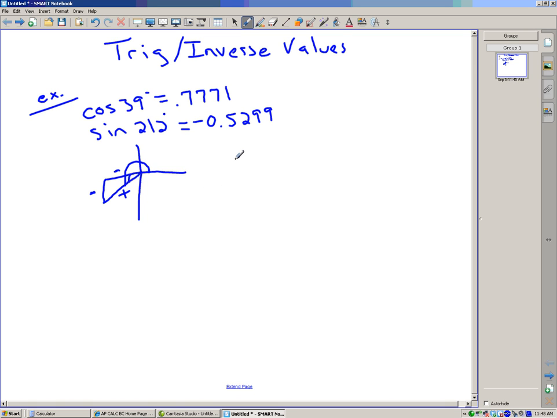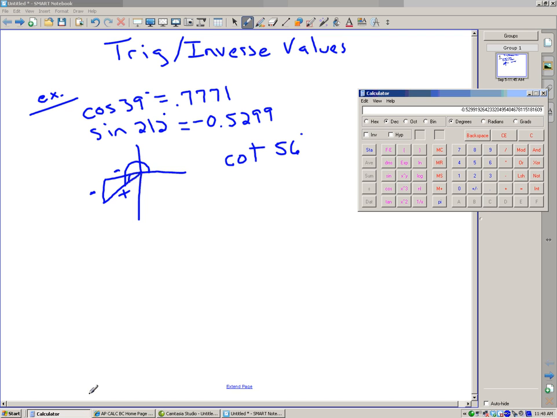Okay, so now for some real calculator tricks. Let's find the cotangent of 56 degrees. Now look on your calculator real quick for the cotangent button. Some of you might think that it's the tangent -1 button, but that's not correct. That stands for tangent inverse, and we're going to do that in just a second. But you don't have a cotangent button on your calculator, and I don't either on this computer calculator.